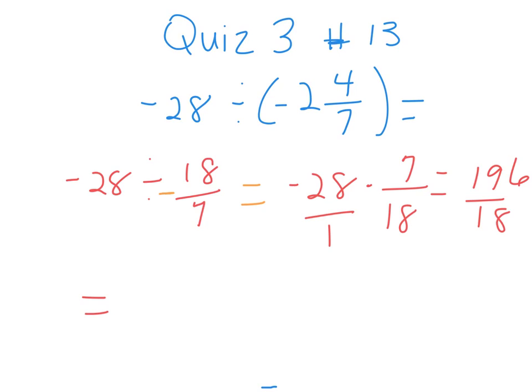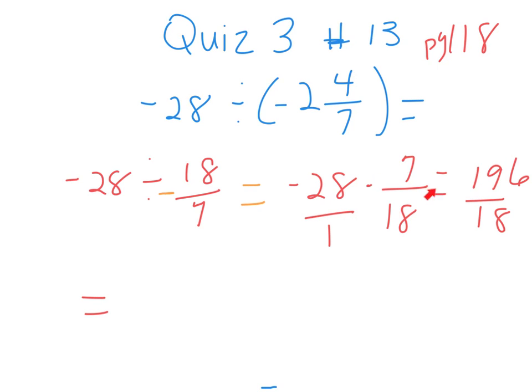Okay, so on quiz 3, number 13, that's page 118, we had a problem that was negative 28 divided by, in the parentheses, negative 2 and 4/7. I rewrote that right here and turned this into an improper fraction. So we had negative 28 divided by negative 18 over 7.